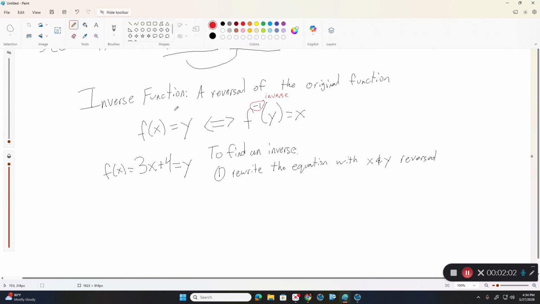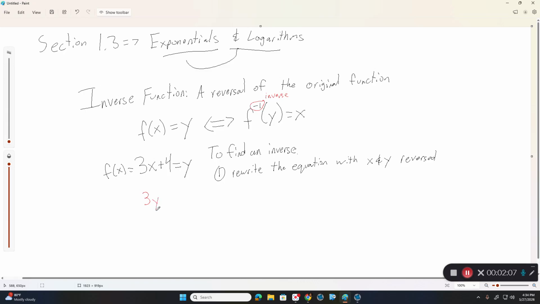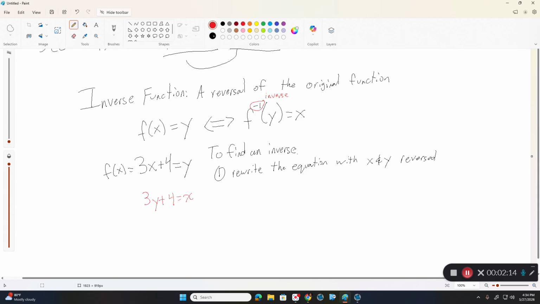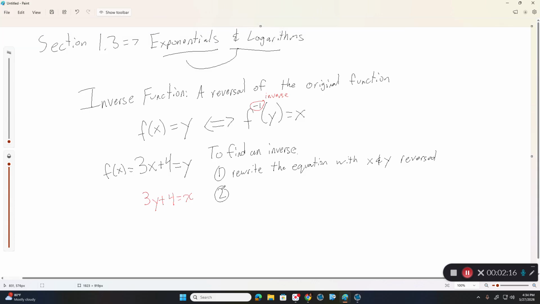So what is that going to look like? Well, if 3x plus 4 equals y, I'm going to write 3y plus 4 equals x. All good there. Step 2, solve for y.